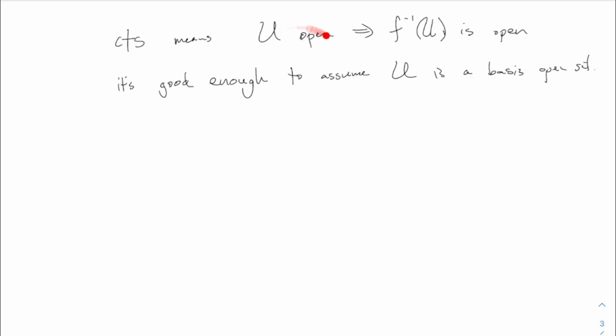It turns out if this property holds for the basis sets, it automatically holds for any open set. That's because an open set is a union of basis open sets, and when you do the pre-image, it works nicely with unions. So it's good enough to only consider when U is a basis set. This will make proving something continuous a lot easier. You don't have to consider any open set at all, just a basis open set.